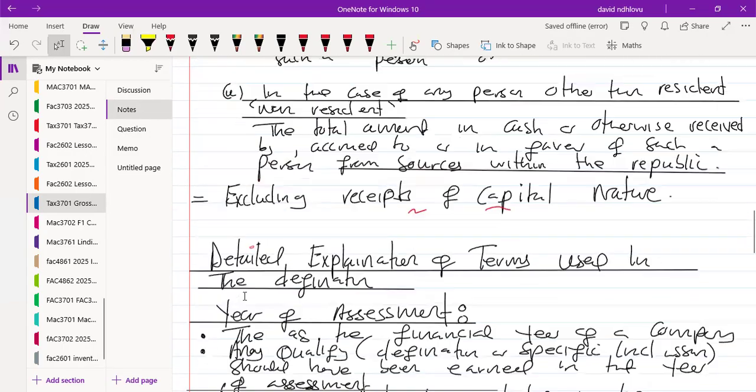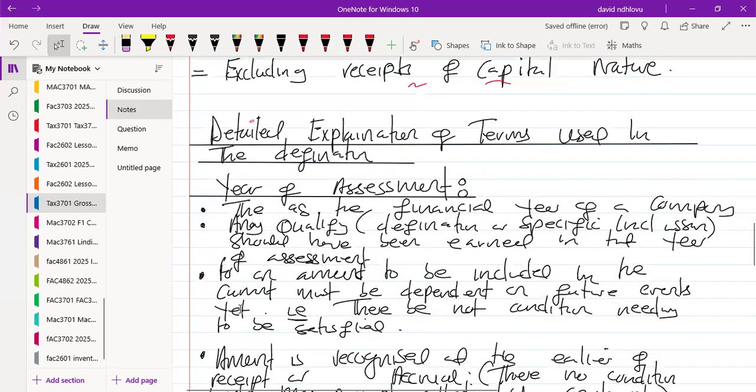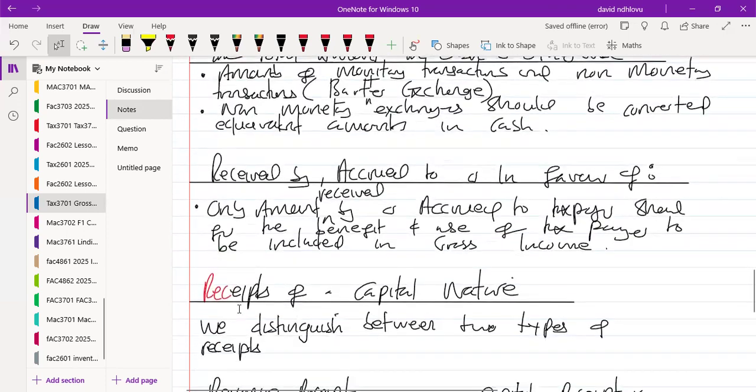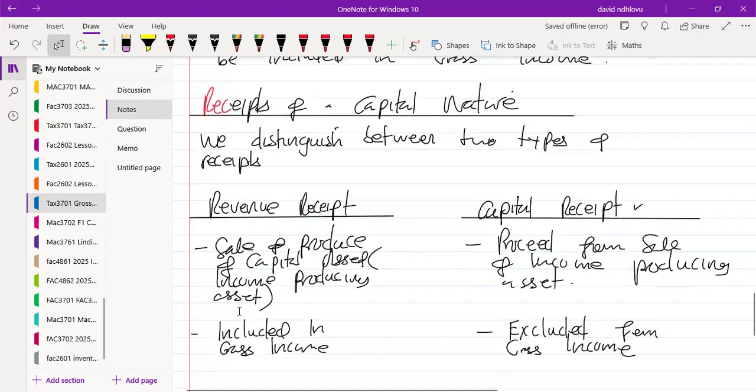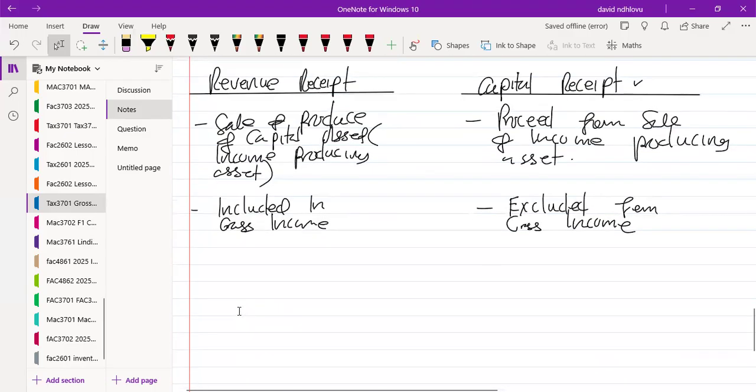Right, so any amount that is received by an entity which satisfies all the requirements and is not capital in nature, it will be included in the calculation of gross income. An amount is included by satisfying the definition or by being a specific inclusion.